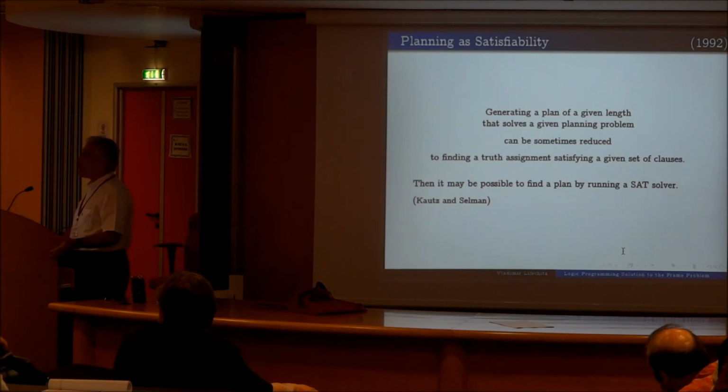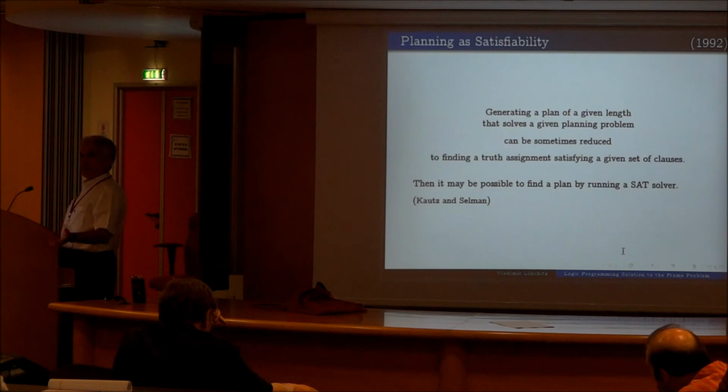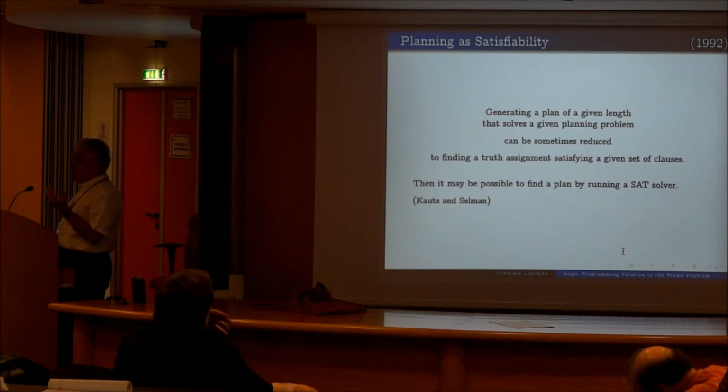So every year, SAT solvers could solve more and more complex problems, and there was a time in the late 90s when in planning competitions, planners that were based on simply translating a planning problem into SAT and then running the best available SAT solver would work better than solutions developed specifically for planning by people who try to use ideas related to planning.